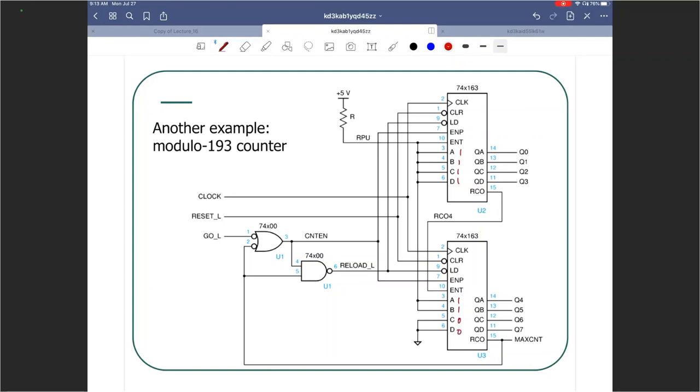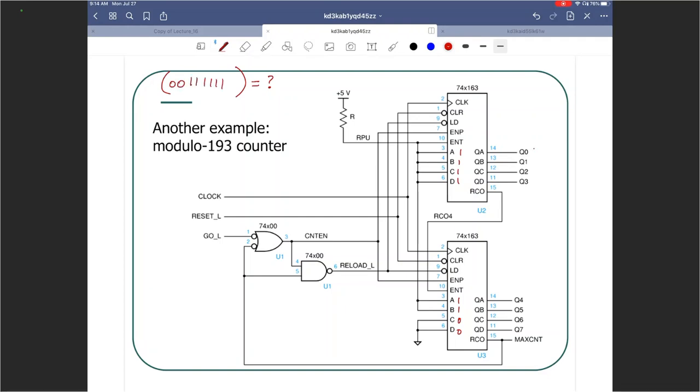So the first question is, what is 1, 1, 1, 1, 1, 1, 0, 0? Because I wrote it all the way opposite, since this is the least significant bit. So it should be 0, 0, 1, 1, 1, 1, 1, 1.